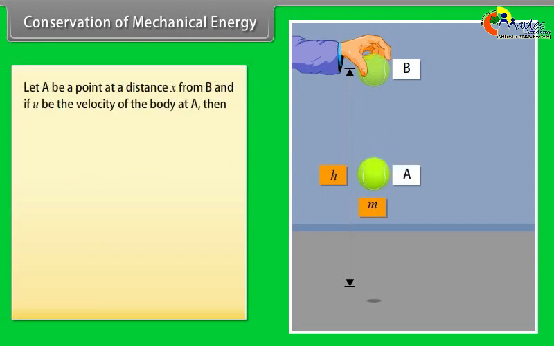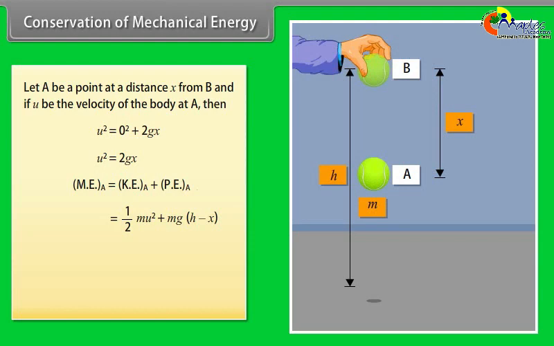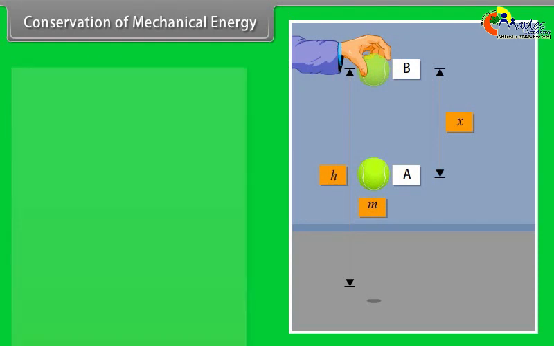Let A be a point at a distance x from B, and if u be the velocity of the body at A, then u² = 2gx. Mechanical energy of the body at A is equal to the kinetic energy of the body at A plus the potential energy of the body at A. By calculating it, we get the mechanical energy of the body at A is mgh.